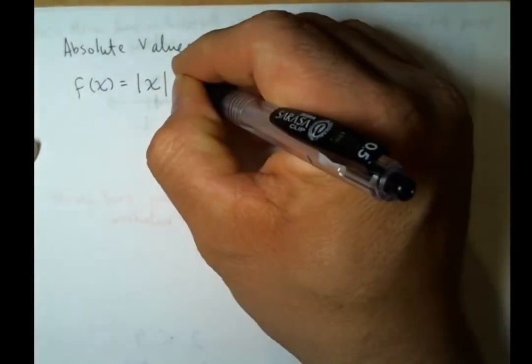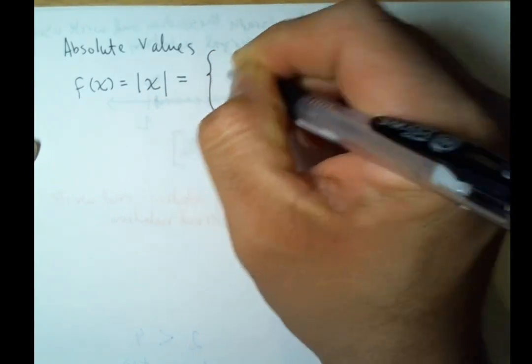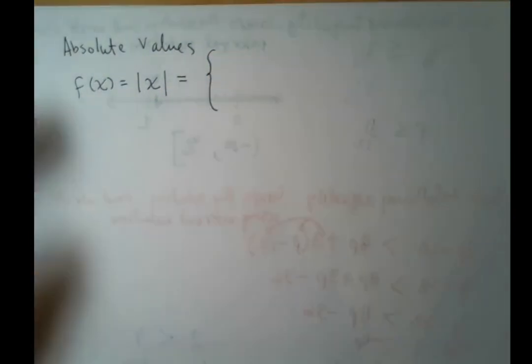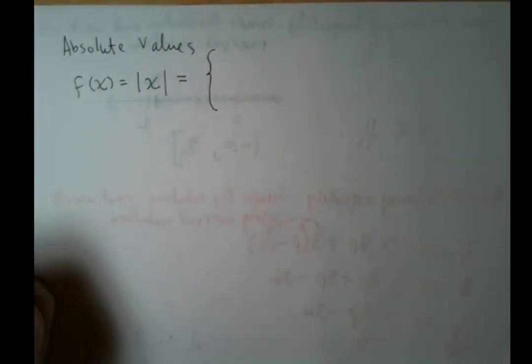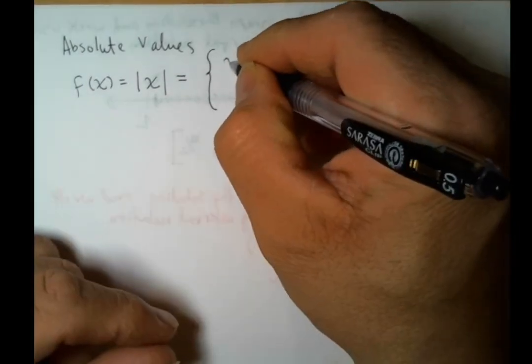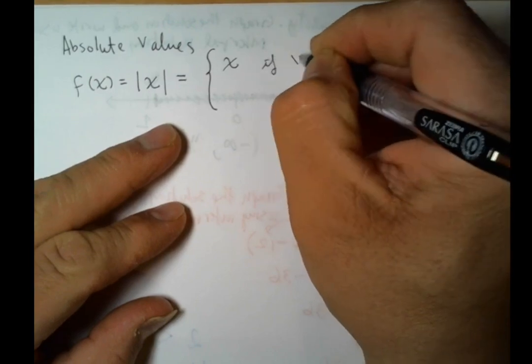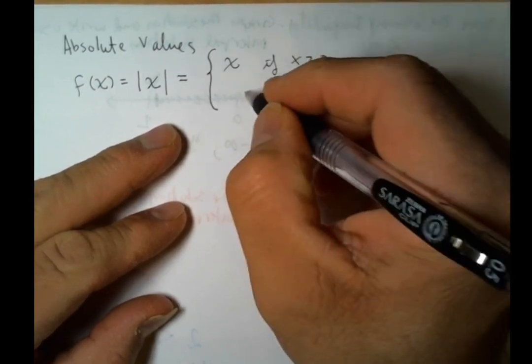Now, when we discussed piecewise functions, we said we can define the absolute value as a piecewise function. And the way we do that, it has two pieces. The first piece is simply x, if x is greater than or equal to 0.